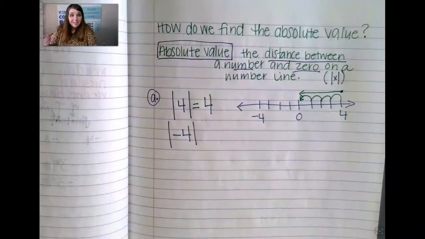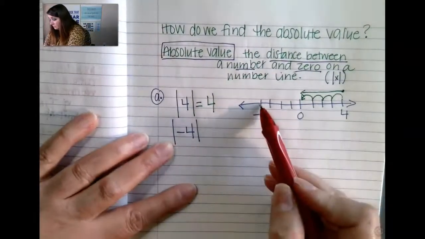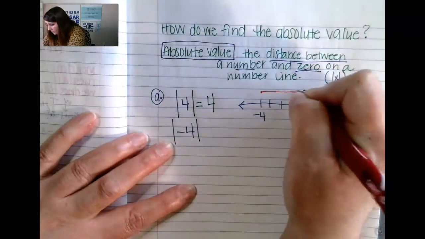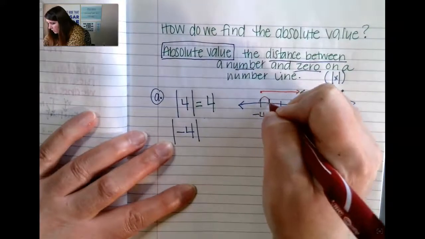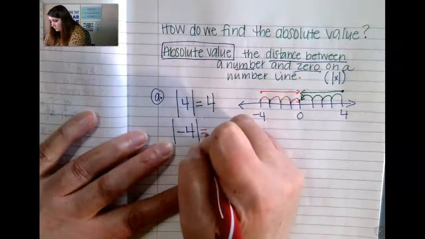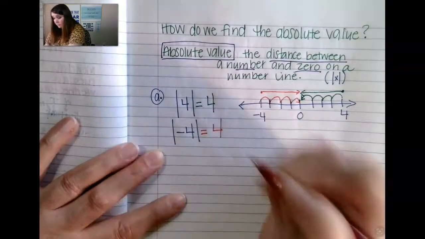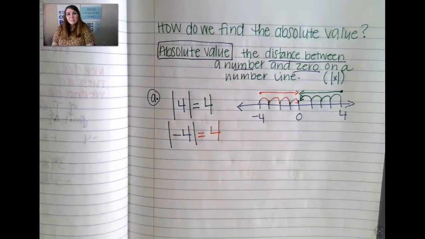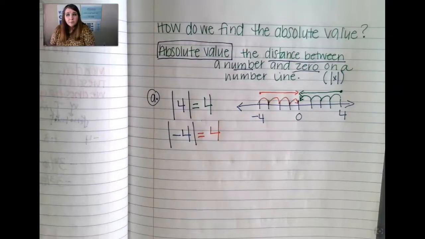So I'm going to find negative 4 on the number line, and I'm going to count how far is it away from 0. Well, it's 1, 2, 3, oh, look at that, 4 jumps. So the absolute value of negative 4 is a positive 4. It just means you're going 4 places. So when something is asking for the absolute value, it wants to know how many steps away from 0 I have to walk to jump on that line.